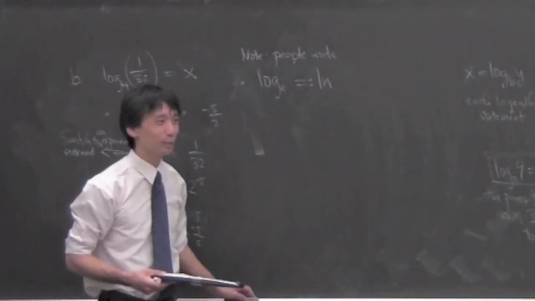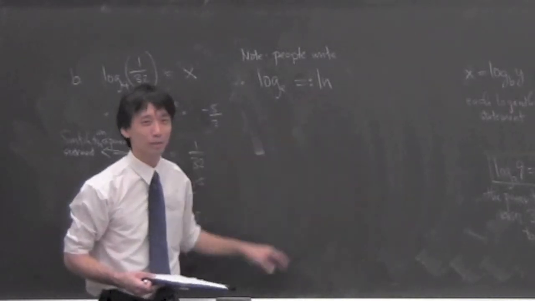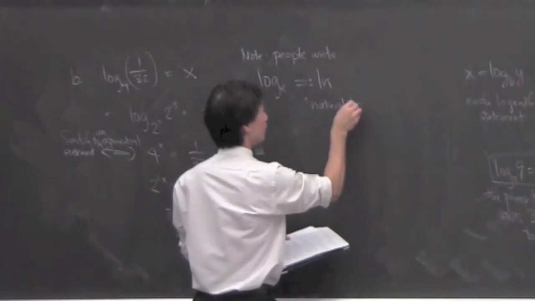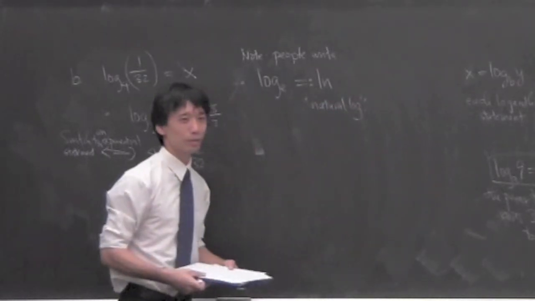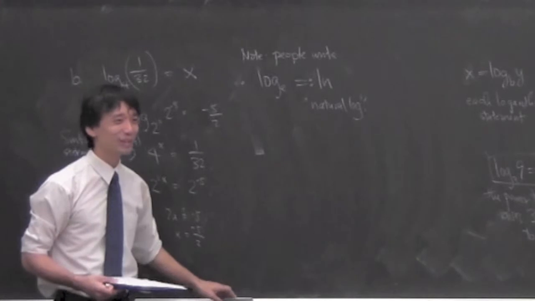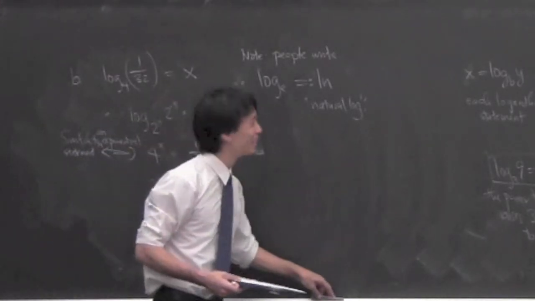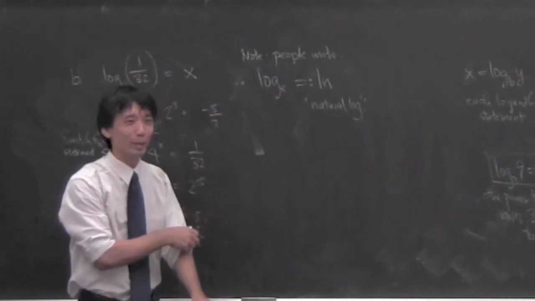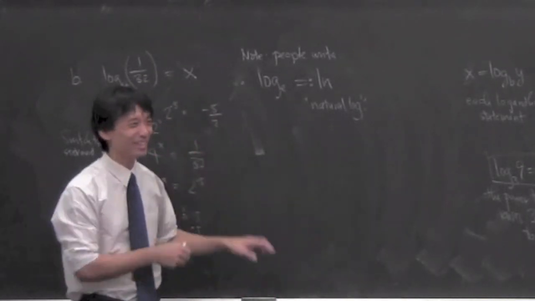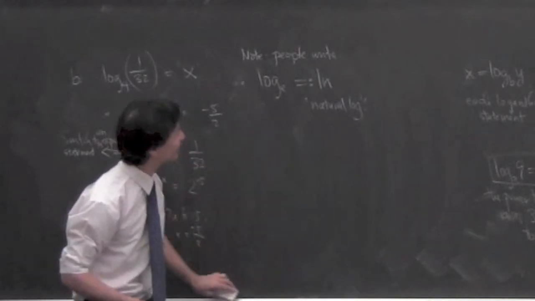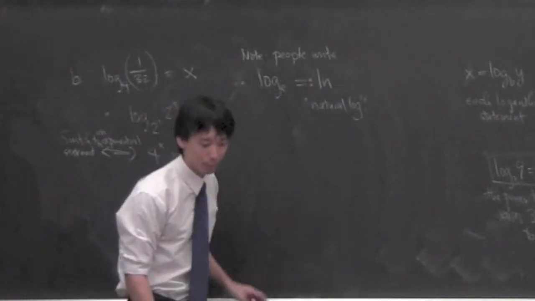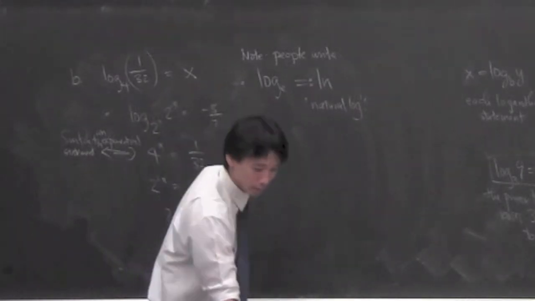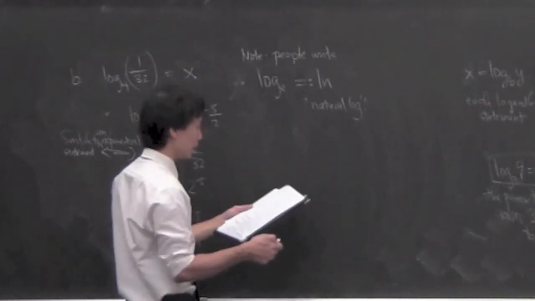I don't like it. I read this as natural log. I think scientists tend to call it that. This thing's called natural log, and of course you use it just like you use the other logs, but it just has E on the bottom as the base.